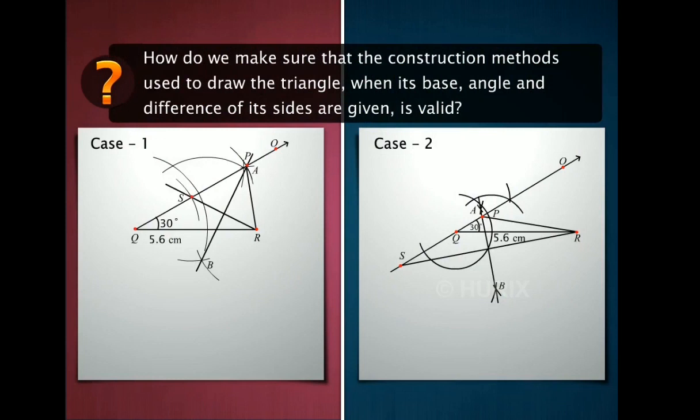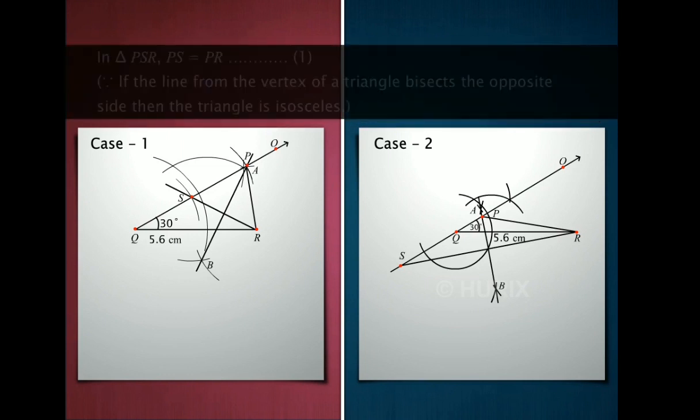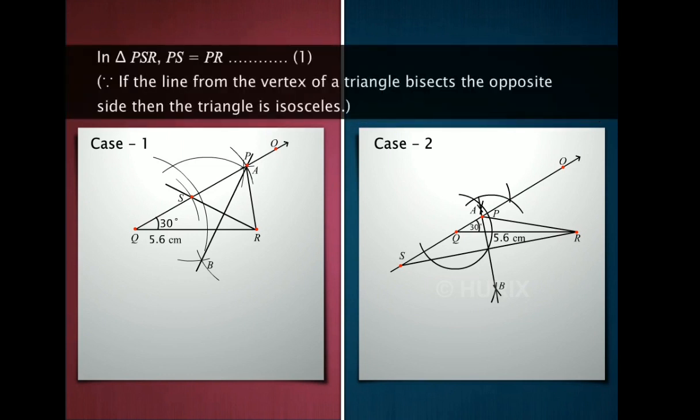How do we make sure that the construction methods used to draw the triangle when its base angle and difference of its sides are given is valid? Observe in both cases, that is, case 1 and case 2, that triangle PSR has line AB bisecting line SR. Hence, side PS is equal to side PR, because if the line from the vertex bisects the opposite side, then the triangle is isosceles.